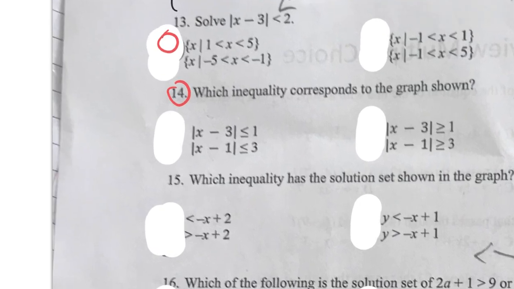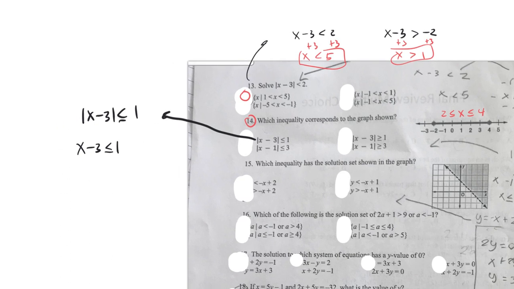For example, if you were to investigate this first answer choice right here, like I said before, you could split this where one of them is the exact same thing, only without the absolute value, and the other is this.